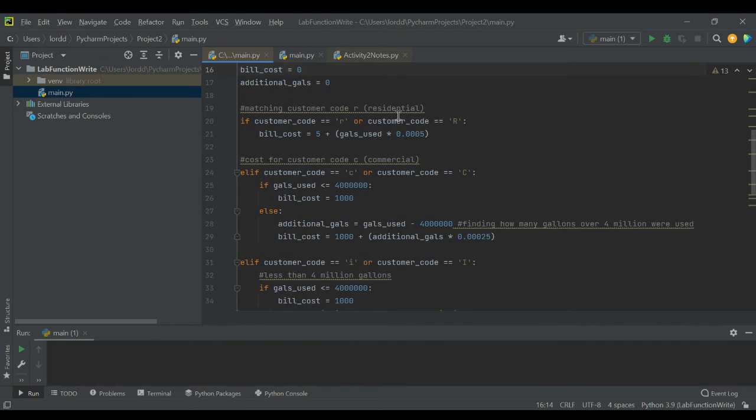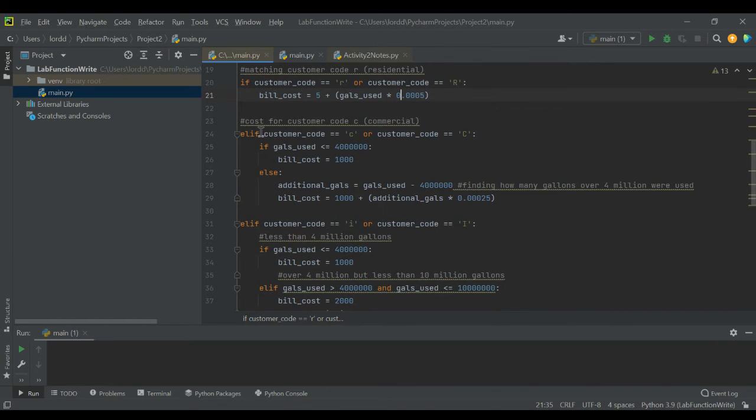So first off, for the first customer code, if customer code is R, lowercase or uppercase r, then the bill cost is 5 plus our gallons used times 0.0005. And now for code C, commercial, we have an else if customer code is C, lowercase or uppercase.